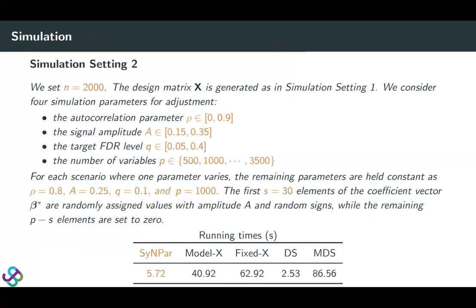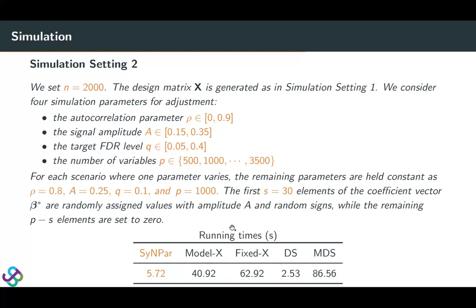We considered a lot of settings under simulation setting 2, varying the feature correlation parameter, the signal amplitude of non-zero coefficients in beta star, the target FDR level, and the feature number. We have a default setting: by changing one parameter at a time, we set the other parameters at these default values, and we set the first 30 elements to be non-zero.